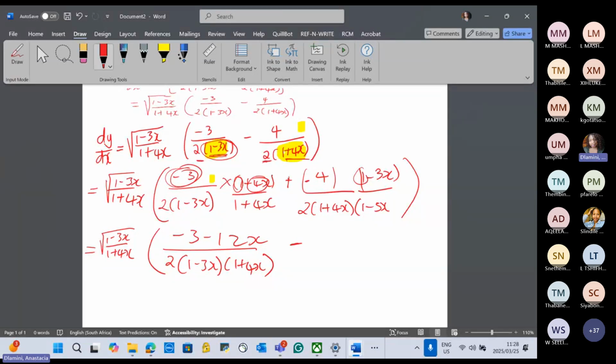I've noticed a lot of people making mistakes, so let it be minus 4 over 2 times (1 plus 4x). Do you see that? Think of it like that, because trust me, you will have issues if you don't consider that part. I almost made the same mistake.